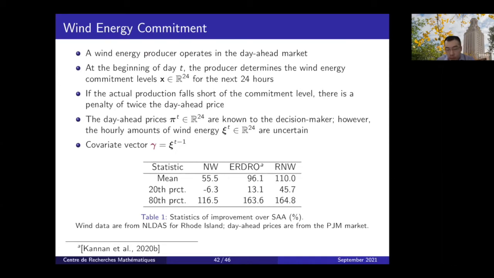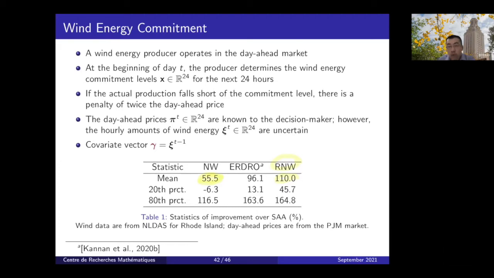Here we observe that our method generates significantly more profits than the naive sample average approximation. It also significantly outperforms the unregularized Nadaraya-Watson method, which itself provides more than 55% improvement over the sample average approximation.